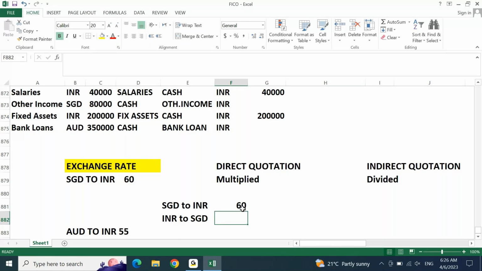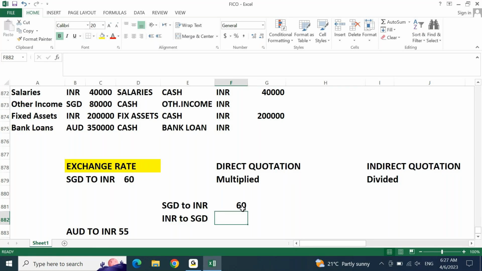In case you are updating a transaction in INR, you want to convert to Singapore dollars. Now, I do not know, and nobody will tell me, what is INR to Singapore dollar. Anybody will give you only a single rate, 60. Am I correct? Yes, sir. The other way around, nobody talks. Everybody will talk about 60 only.